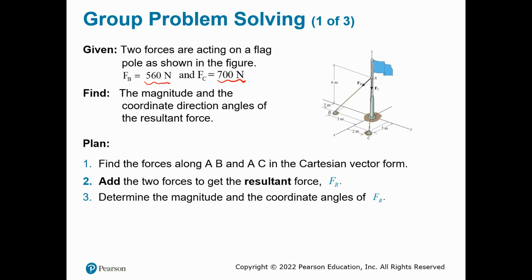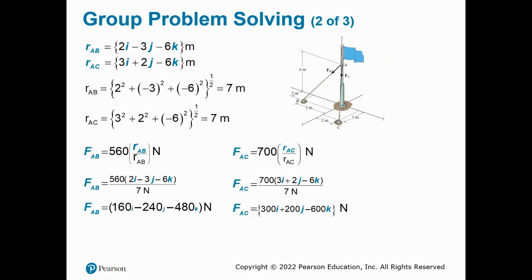So first thing first, we're going to do the unit vector again. The coordinate for point A: your X value is 0, your Y value is 0 as well because it's on the Z axis, and it's elevated 6 meters from the bottom, so you have 0, 0, 6. Then point C: your x value is the same as this one, so it's 3 meters.